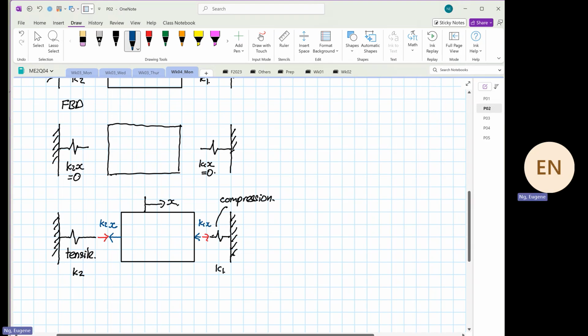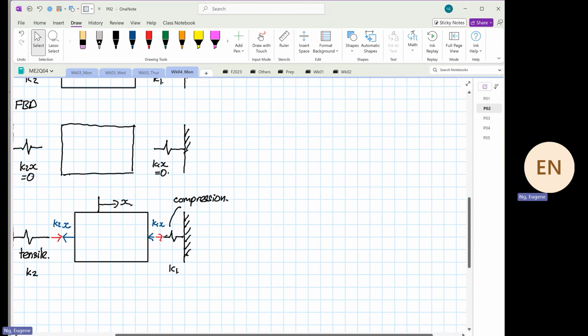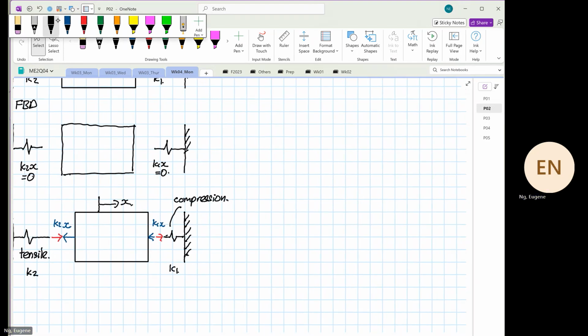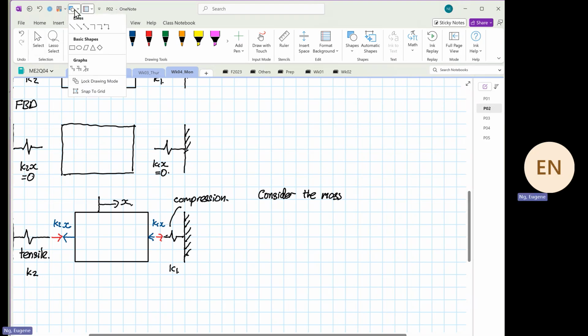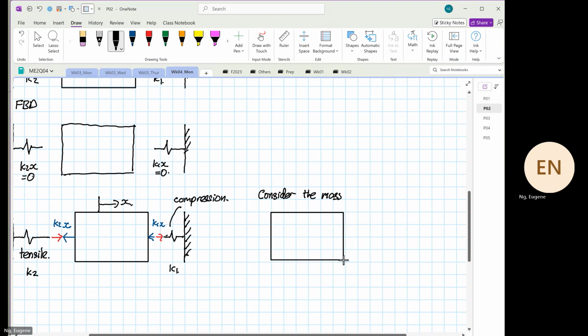Okay. So from here, we look at the body. Okay, we look at the mass. Okay, consider the mass. Okay, so now we're going to sketch the mass. Okay, so after knowing the mass, we know that over here, this will be what? K2X, and this will be what? K1X, and we push X towards the right direction.